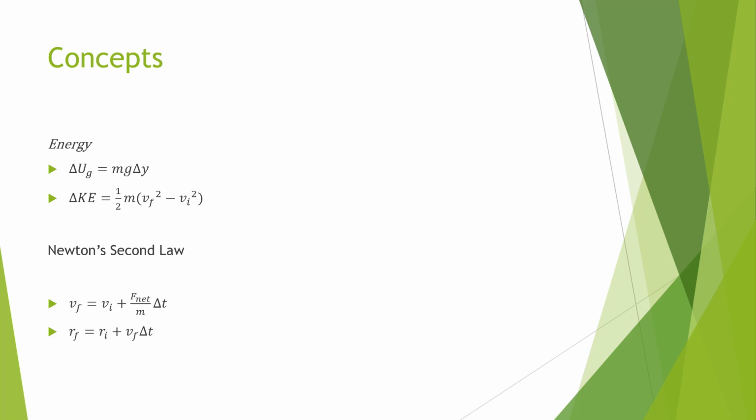And then also Newton's second law, which is that the velocity final equals velocity initial plus net force over mass times delta t, and the position update, which is position final equals position initial plus velocity final times delta t, with velocity final used because it's a non-constant force.